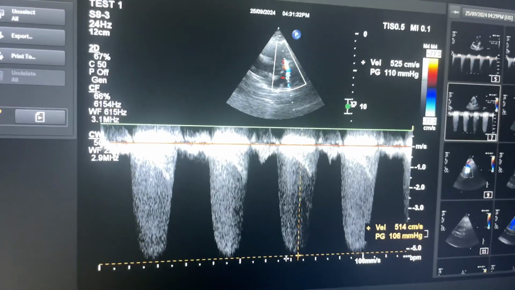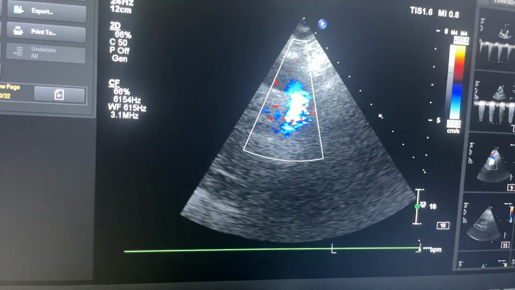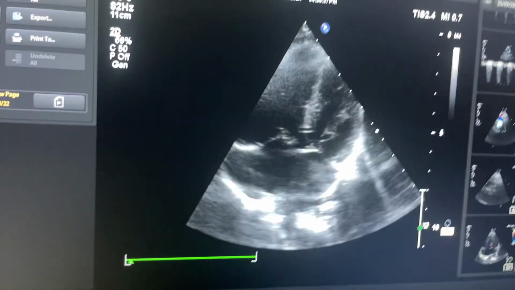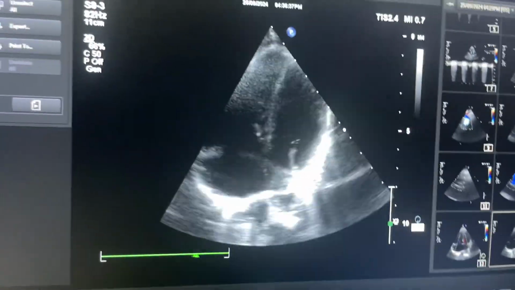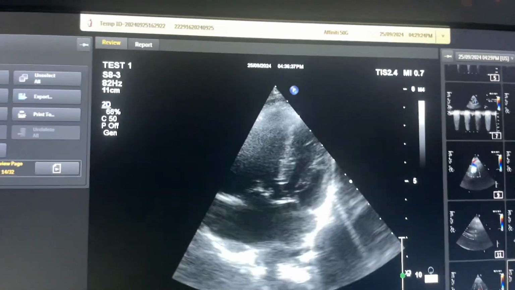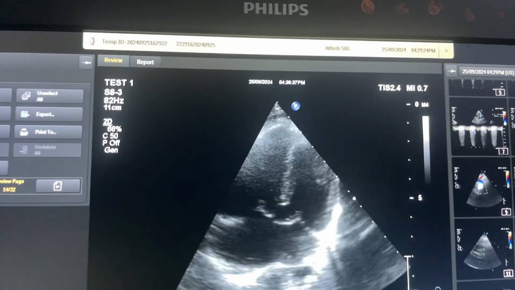So this is the case of complete AV septal defect, double outlet right ventricle, severe pulmonary stenosis at the level of valve, and Glen shunt.